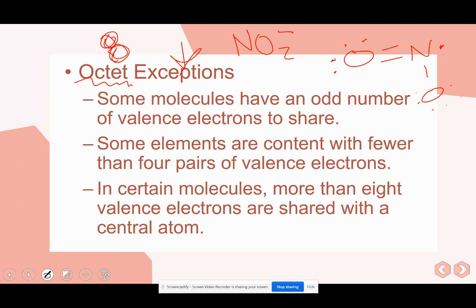And you can, by looking at that Lewis structure, you should be able to tell where that goes. So that's a problem, in our minds, but this is an exception. This does happen. This little lonely dot electron that we don't like actually has a name, and you need to know what it's called. It's called a free radical.